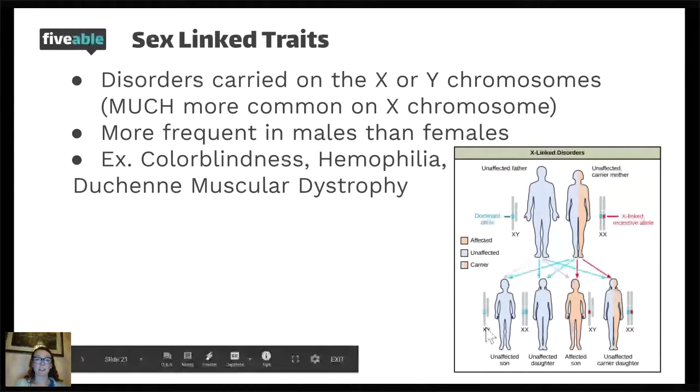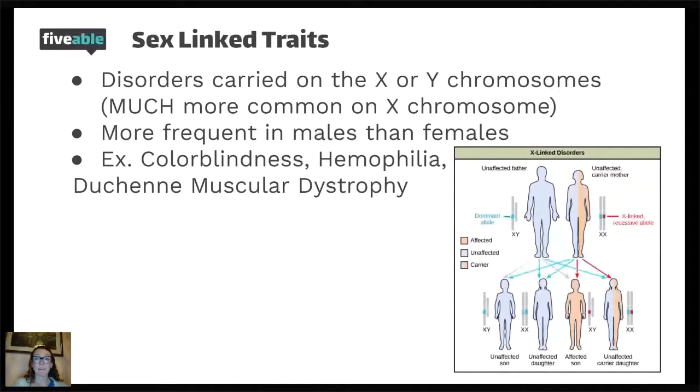So whatever version of X they get is what they have. So even if it's a recessive trait, which most of these are, if they have one recessive X, then they get the recessive trait, as opposed to females, which can be carriers, meaning that they can have one recessive X and then one dominant X, which protects them from whatever it is.